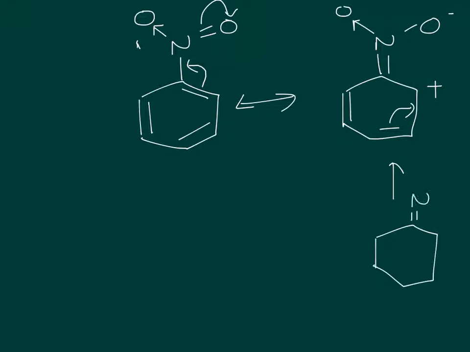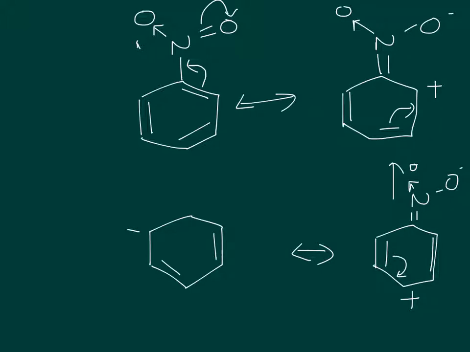So again, the nitro group has not been affected. However, now I've got a positive charge on carbon number 4. And then finally, those electrons can go down there. So I now have the positive charge on carbon number 6.